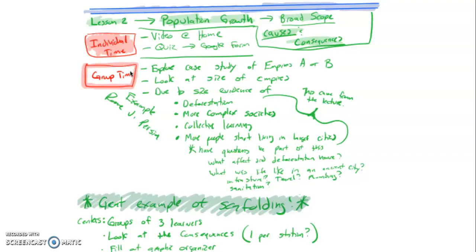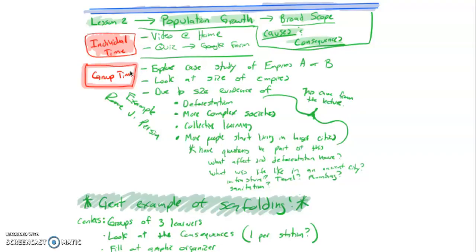Students would have to read through a primary source, look at a video, or read an article and then understand that, okay, we just talked about the idea of collective learning increasing. So what are some of the things we see in this video that show that Rome is benefiting from collective learning?